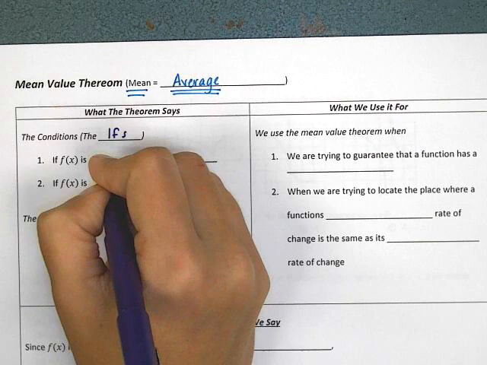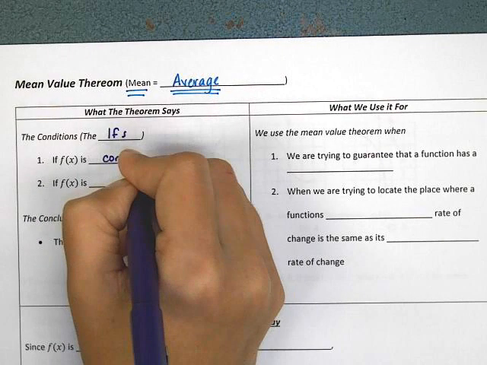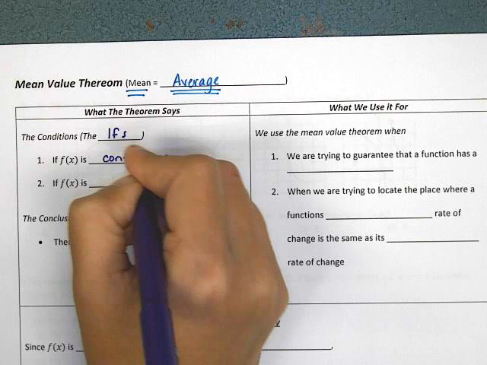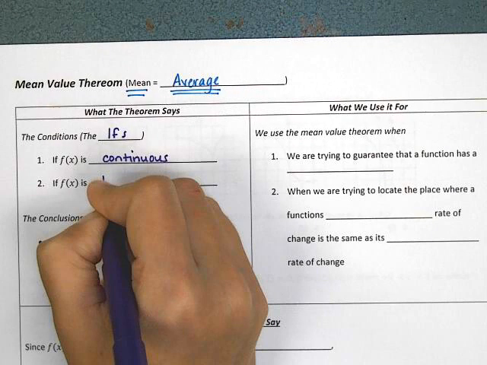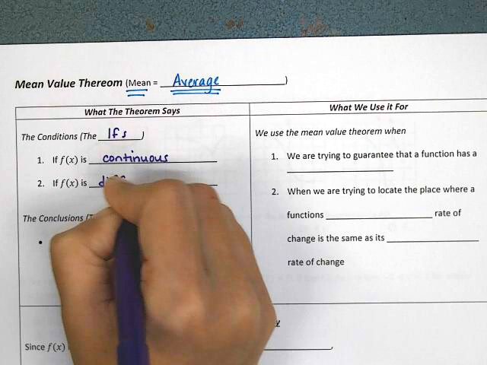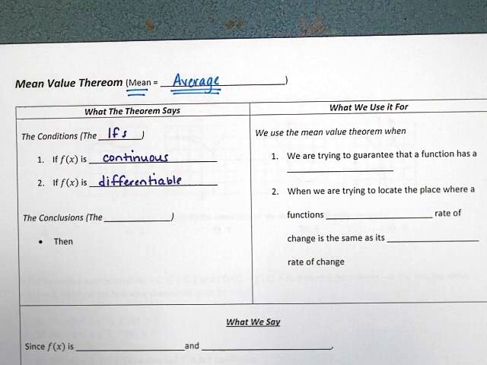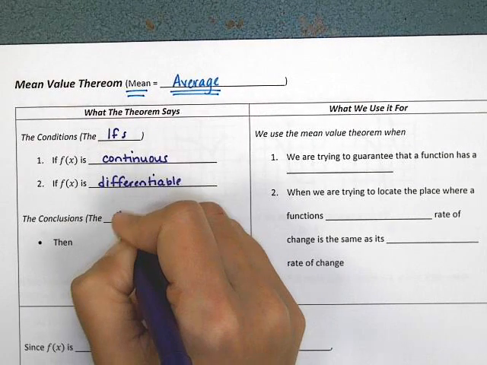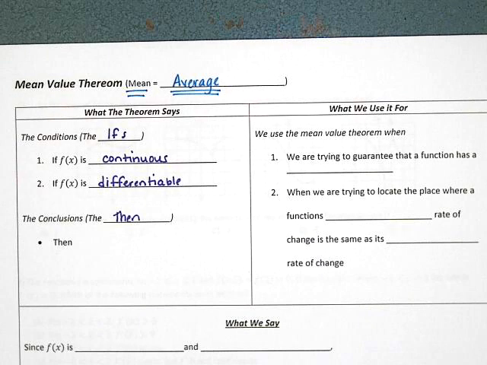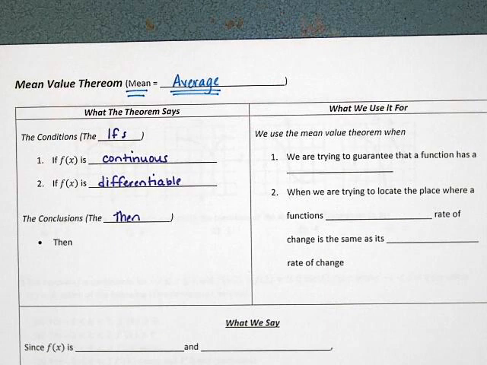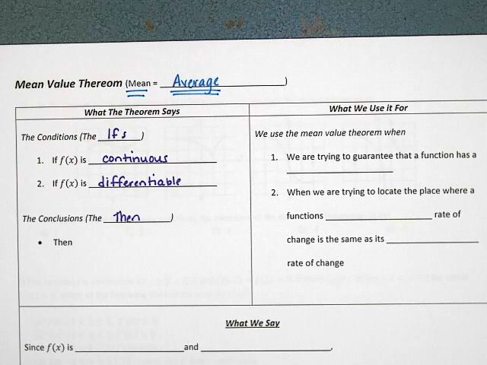If f of x is continuous, and if f of x is differentiable, then, and we're going to write down a formula. This is the only one whose then is a formula that you need to use.